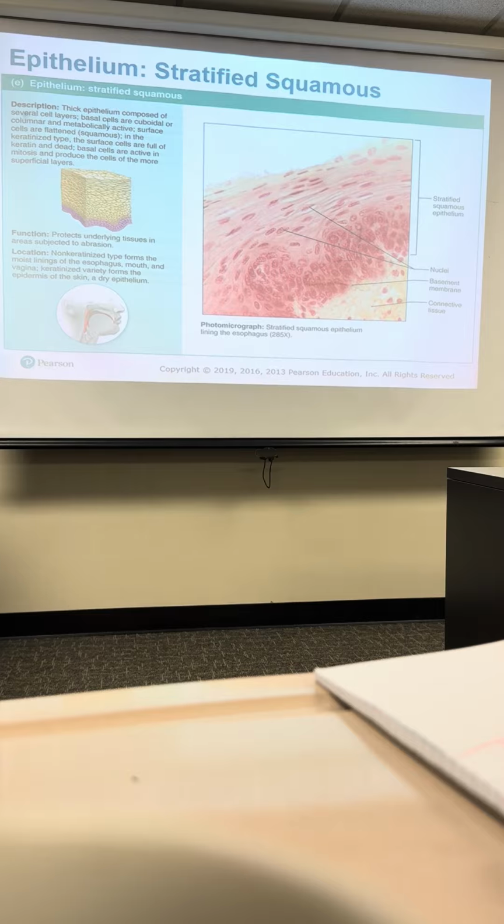So on your skin you have a layer of keratin on top of the stratified squamous epithelium. But the moist layer inside, like the lining of the esophagus, mouth and vagina, you're going to find the stratified squamous without the layer of keratin. What is the function? Protects the underlying tissues in areas subjected to abrasion.